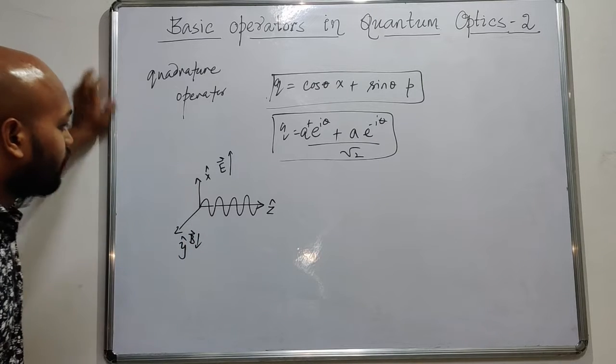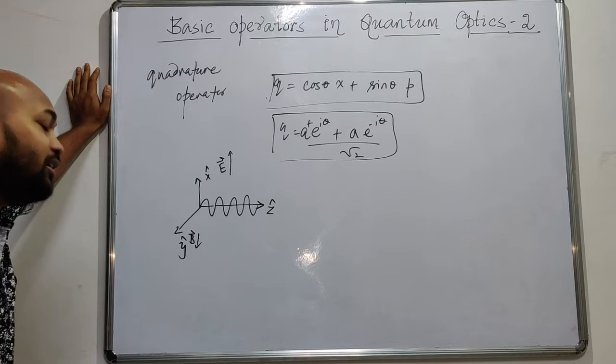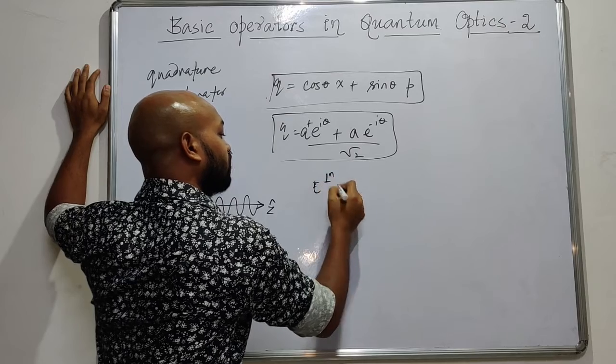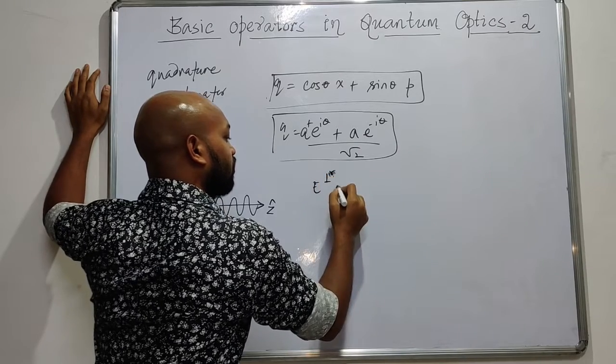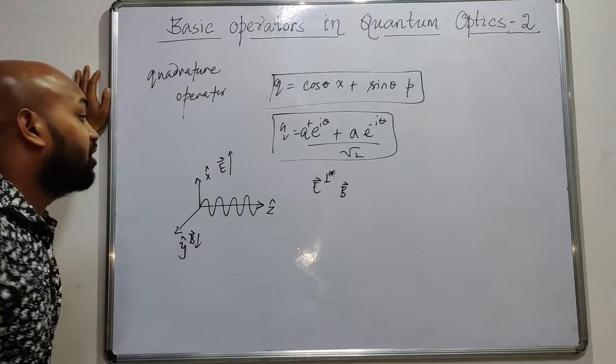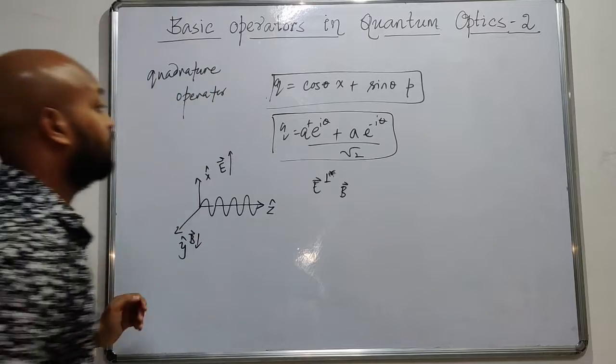Okay. So it is very certain that E and B also form a quadrature, because the E vector and B vector are perpendicular to each other. Okay, so they also form a 90-degree quadrature.